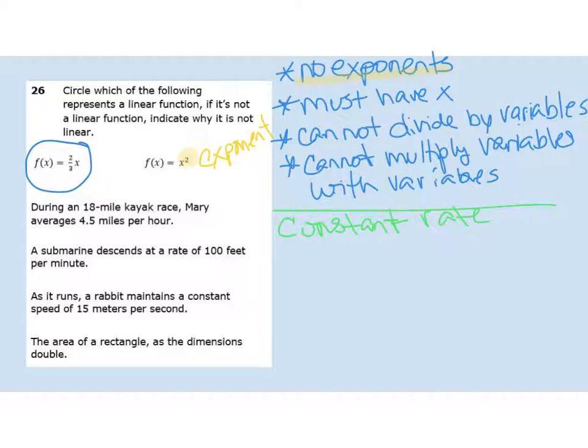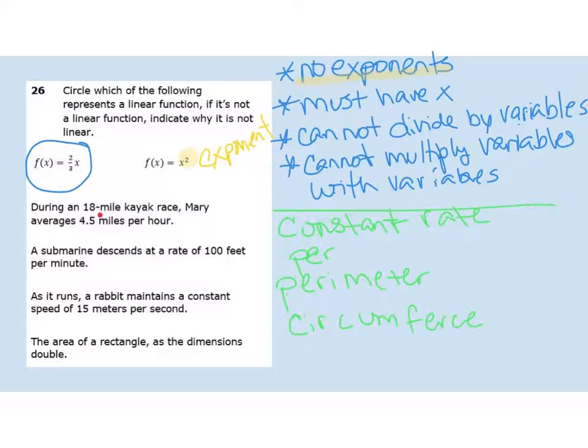If you see the word per, that means we have a constant rate of change. And then some geometry terms, perimeter and circumference, because that's talking about the distance around an object, which was linear.